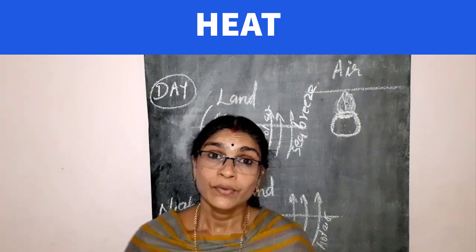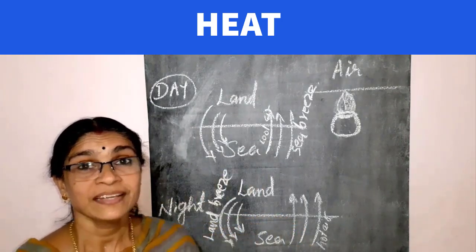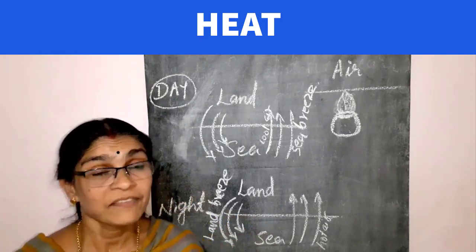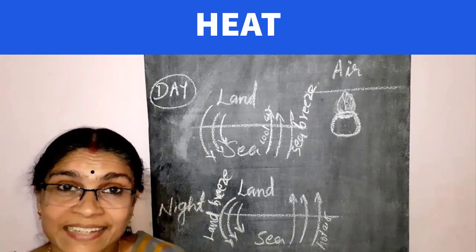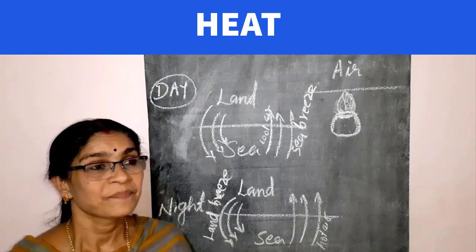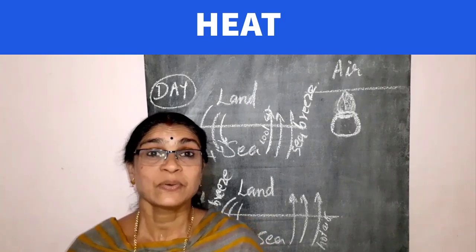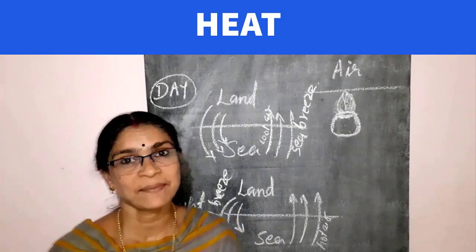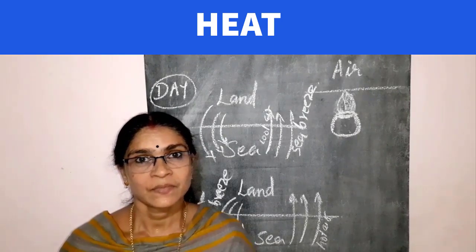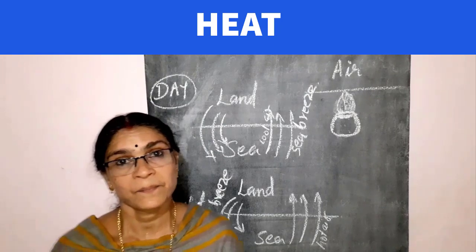Now, we can say the answer why we use an umbrella when we go out in the sun. Because the umbrella can absorb most part of the heat that falls on it. So we feel comfortable under an umbrella.